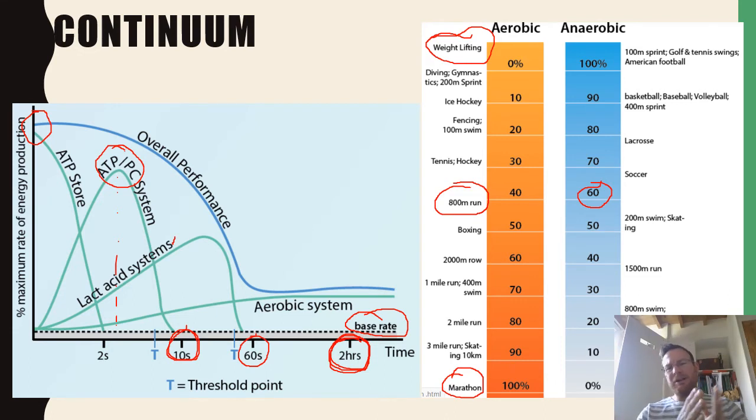So this idea of a continuum of energy systems is a funny one to try and explain. But what you're trying to show is that the longer exercise is, the more drawn out and aerobic it is, the less anaerobic contribution there is. In short-term exercises, like an 800 meter or 1500 meter, the dominant energy systems become much more anaerobic, but in the background there's still a little bit of aerobic work coming in.